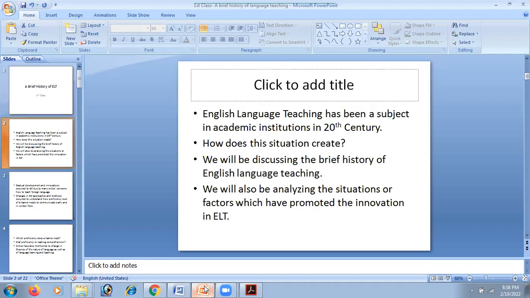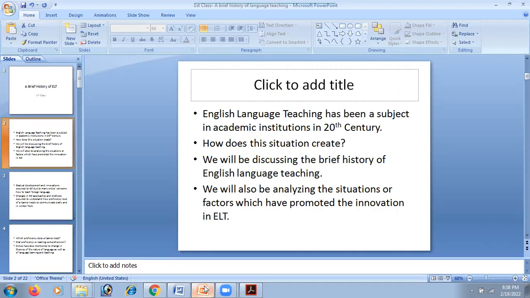Let's move on to the second slide. We see that in many universities all over the world, English language teaching has been a subject, a discipline, a module. And as I have said earlier, that nearly three-fourths of the world population, these statistics might also be true in case of the subject and the universities.